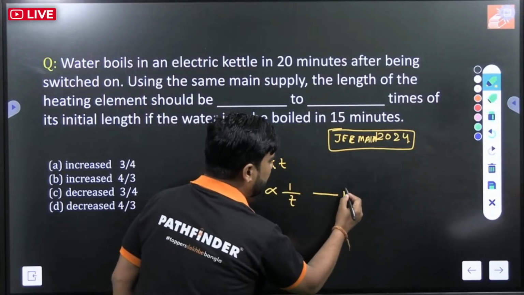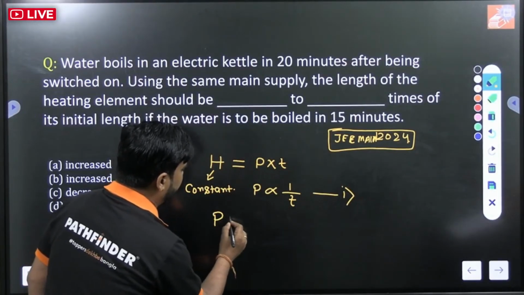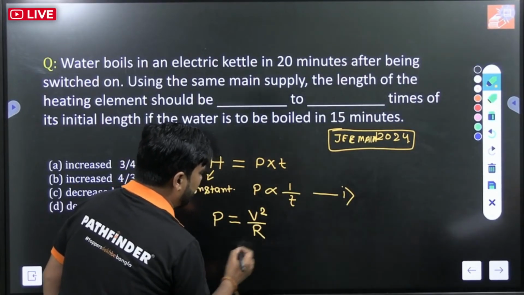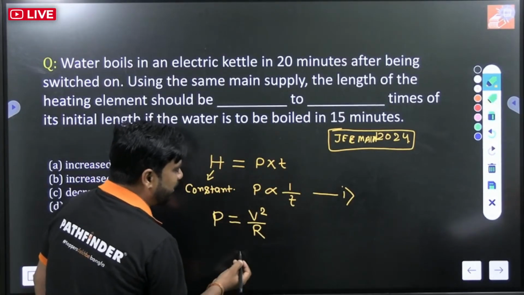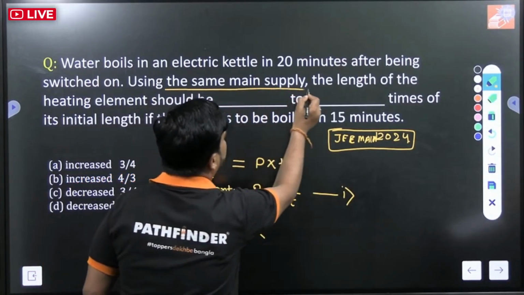We got one relation. Now second, again you know that P is equal to V square by R, that is, sorry, power is inversely proportional to resistance because it is connected to the same main supply.